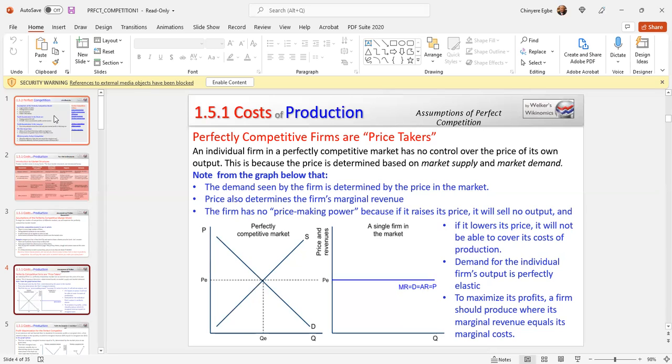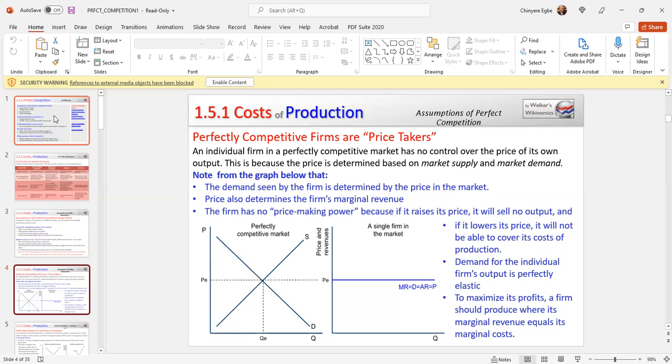Now, the price in a perfectly competitive market is set. There is no one seller and no one buyer that can influence the price. And so the price is given, in which case no one seller has price making power. If any seller withdraws from the market, it is not going to affect the price, because there are just infinite quantities of the goods available.